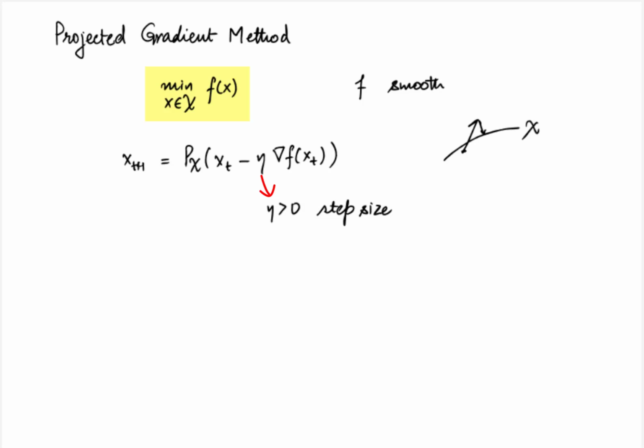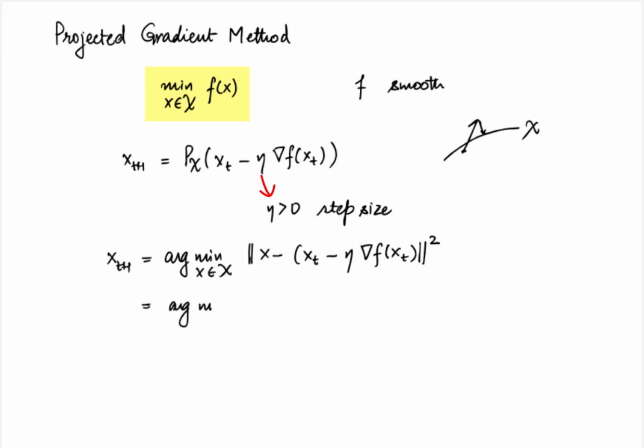Another way of writing the update is to expand the projection part and write it as x_{t+1} is equal to argmin over x in calligraphic X, norm square of x minus (x_t minus eta gradient f of x_t). Now we can multiply the objective by a scalar and add constant terms to it without changing the optimum, so we can write the right hand side as argmin over x in calligraphic X 1 by 2 eta norm square of x minus (x_t minus eta gradient f of x_t) plus f of x_t minus eta by 2 norm square of gradient f of x_t.